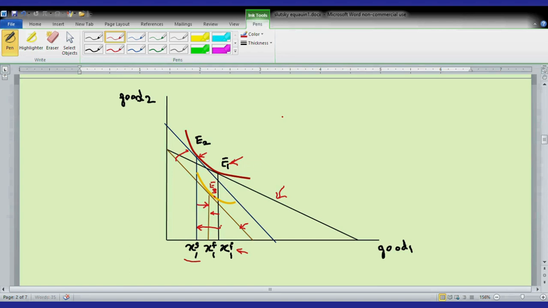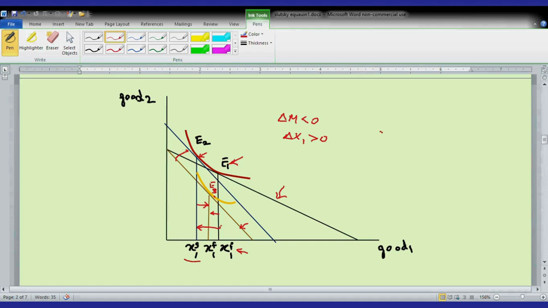So change in income is less than 0, and change in consumption of good 1 is greater than 0, because consumption of good 1 is increasing from x1s to x1f.